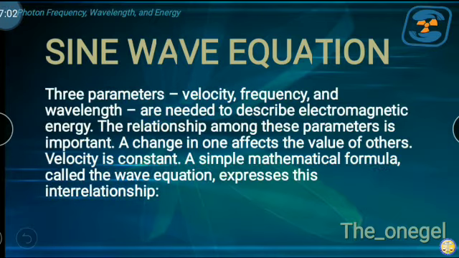So, the three parameters: velocity, frequency, and wavelength. Considering that X-rays, gamma rays, and electromagnetic radiation travel, their velocity is constant, di ba? They travel at c, or the speed of light that is constant in a vacuum, that is 3.0 times 10 raised to 8 meter per second.